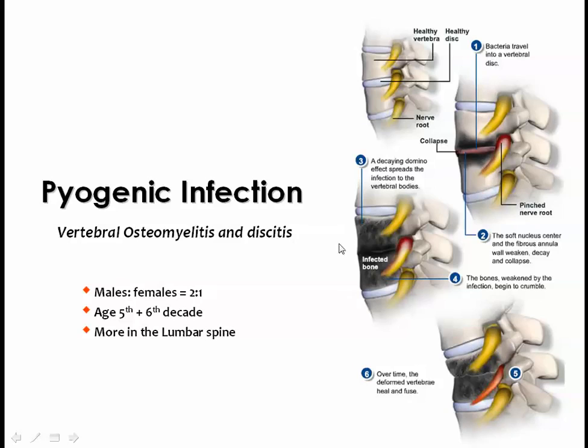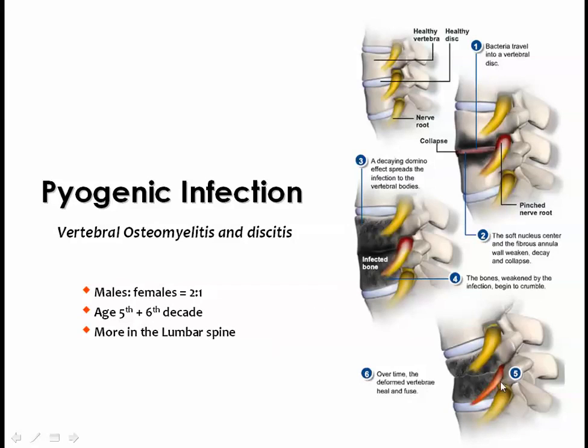Then you get diffuse bone marrow edema of the involved vertebrae, and you also get a lot of water within the disc substance, which will lead to increase in the T2 signal of the disc, as well as the edematous vertebral bodies.